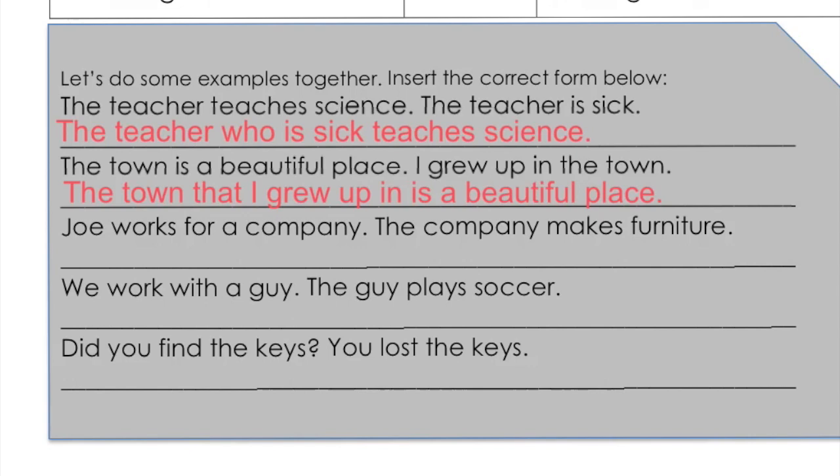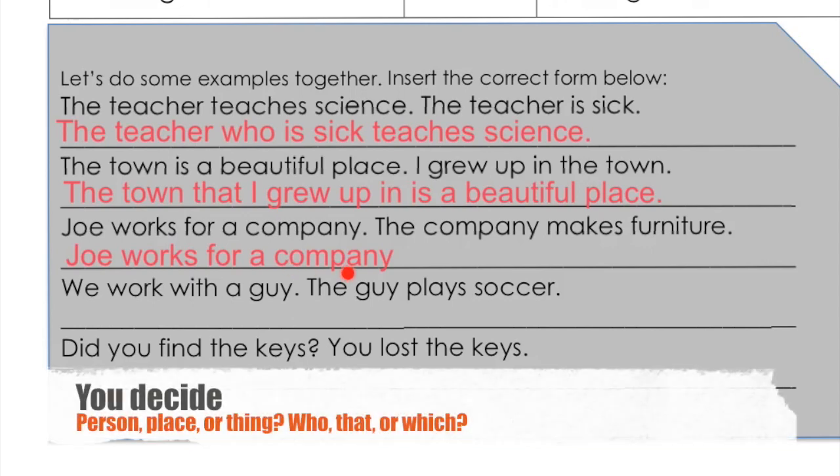Let's put these two sentences together to make one sentence. First, how can we start our sentence? Here we can start with Joe works for a company. So here you are, Joe works for a company, but we need to continue it.